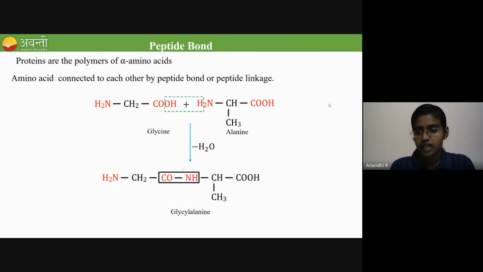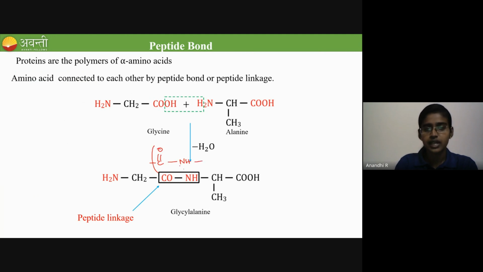In this glycyl alanine, you can see a linkage between C double bond O and NH, which is called the peptide linkage. So this linkage is called the peptide bond.